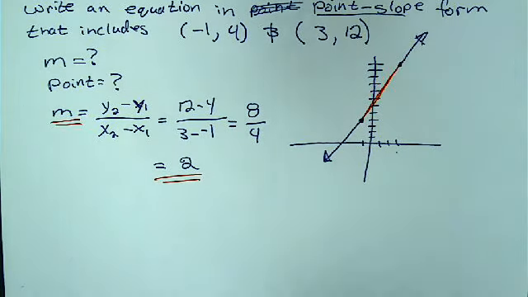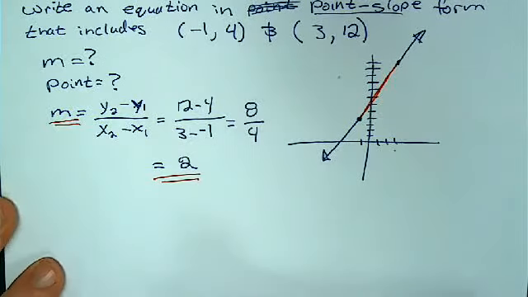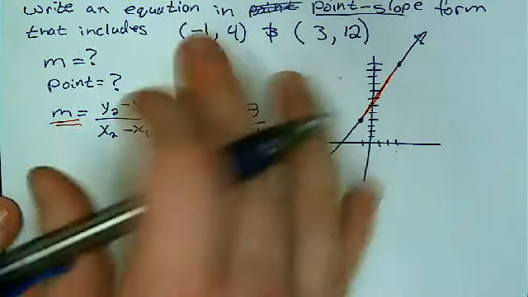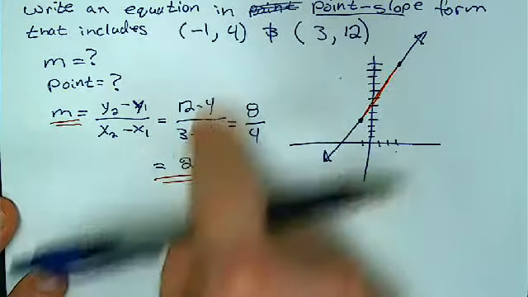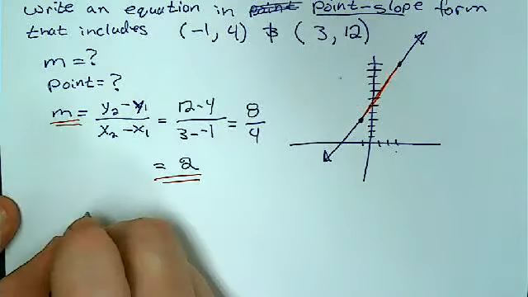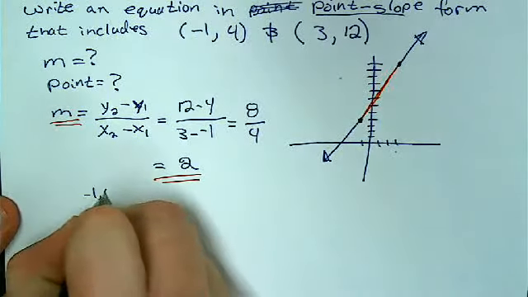Here, that's the best part, it doesn't matter. Whichever one you like. In fact, if you can figure out additional points on there, you can use those too. They're all technically the right answer. I would use whichever one I'm more comfortable with. In fact, I'll write both answers out. I've got my slope, I've got a point, so I can do y, and I'm going to use the point negative 1, 4.